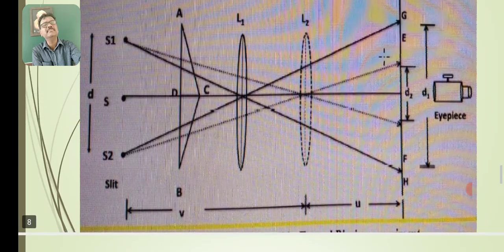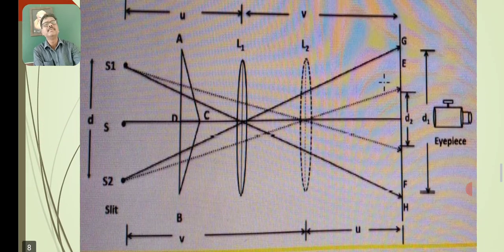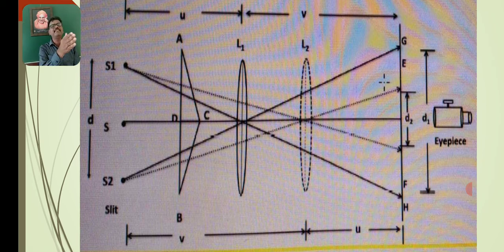Now you see the diagram, where a lens of focal length less than 1/4 of the distance between the slit and the eyepiece is introduced between the biprism and the screen. If the lens is placed at position L1, then we will get magnified images of the virtual sources. Then note down the distance between the two images, say d1.